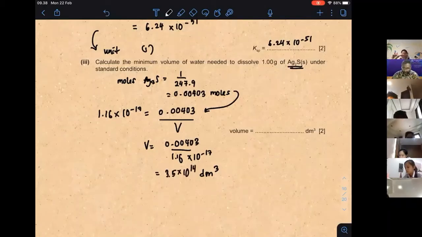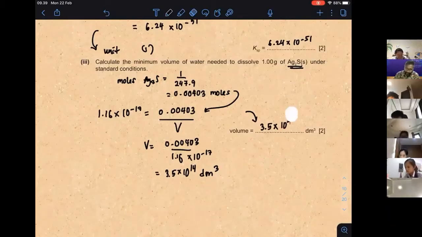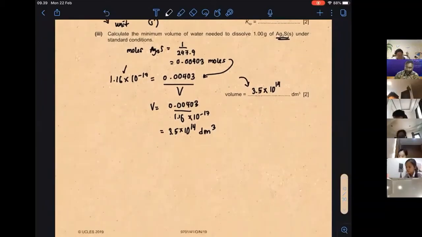They didn't tell what the significant figures are, but the data that I have here is in two significant figures. But if you have 3 significant figures, then please include. So here I will write down 3.5 times 10 to the power of 14. The important thing is I am going to use the solubility data to calculate the volume.